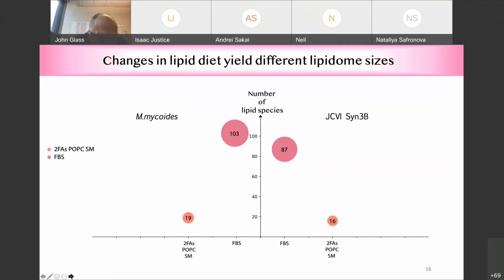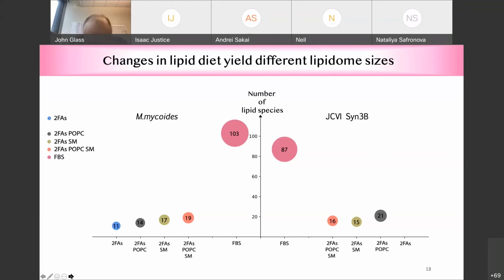When we switch them to the most complex defined lipid diet with fatty acids, POPC, and sphingomyelin, we drastically decrease the lipidome size to under 20 lipid species. It's almost a 5-fold change. So sequential removal of either phospholipid in the diet gives us the opportunity to reduce the lipidome size just a little bit more.